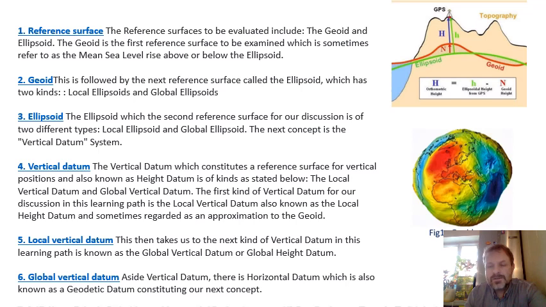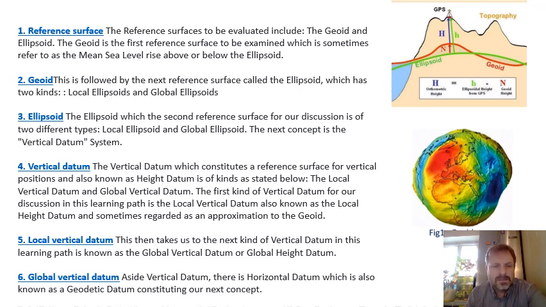There are different ellipsoids which have been made by different mathematical procedures, first of all the global ellipsoid and the local ellipsoids.